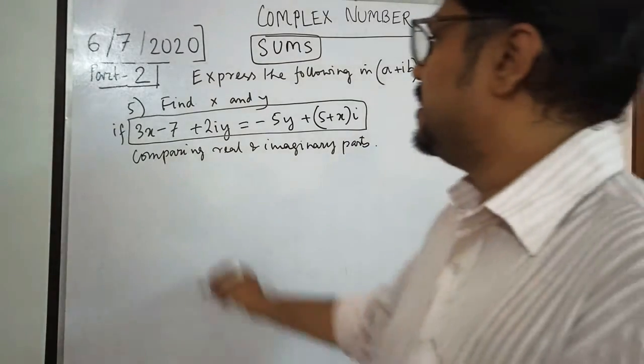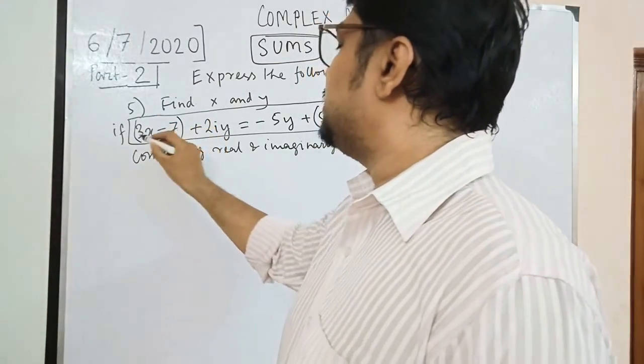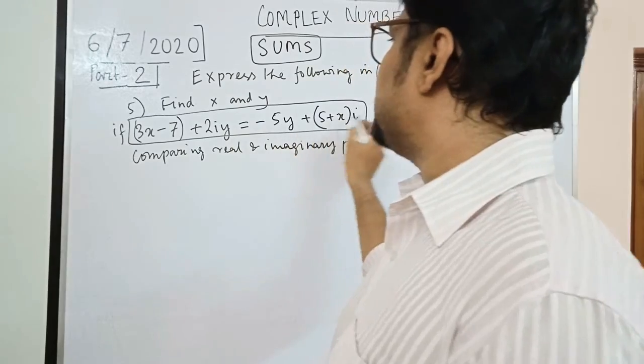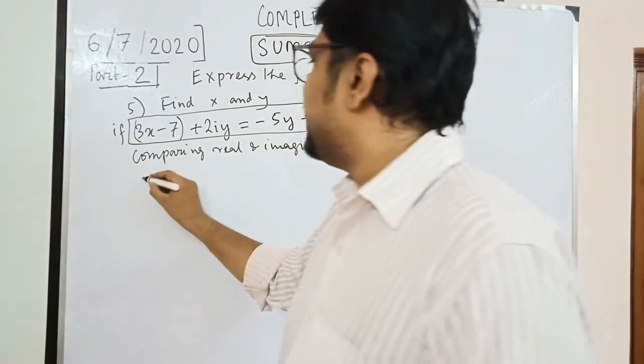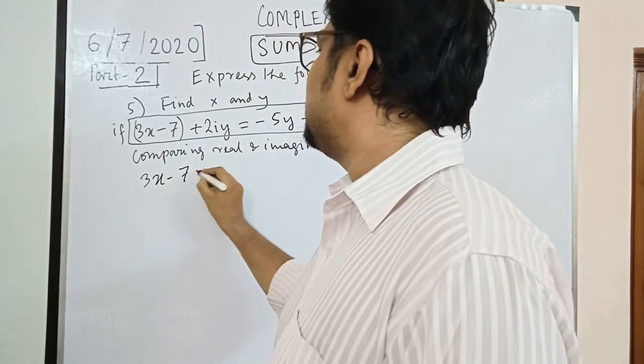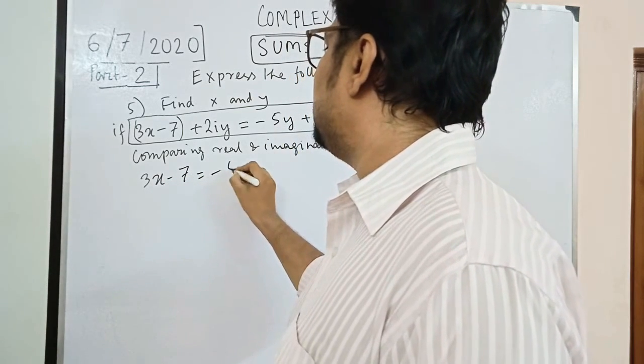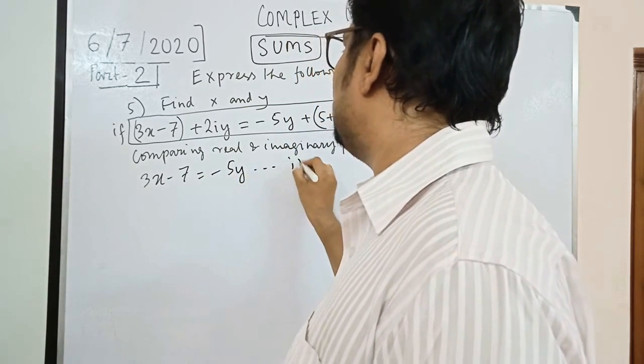What we get, this side is a plus ib, this is a plus ib, this form a plus ib form is there. So we get 3x minus 7 is equal to minus 5y. So this is our equation 1.